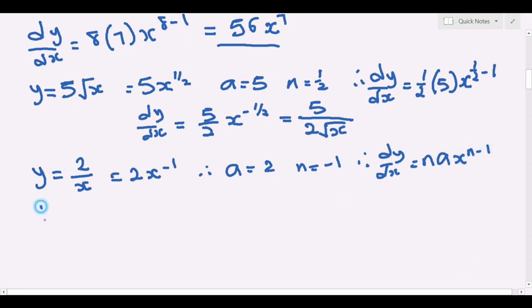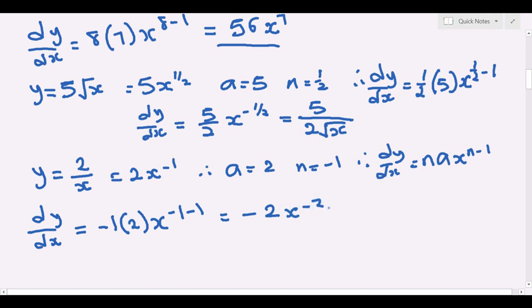So our dy/dx will give us minus 1 into 2 into x raised to minus 1 minus 1. So this will give us minus 2x raised by minus 2, which is same thing as minus 2 over x raised by 2. This is our answer. It is important for us to understand this notation.